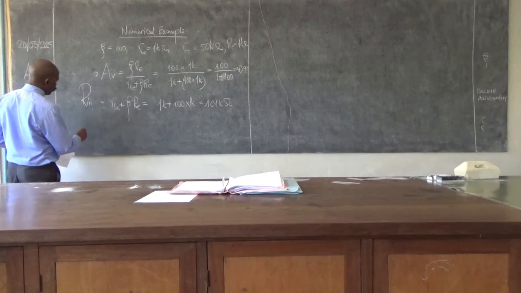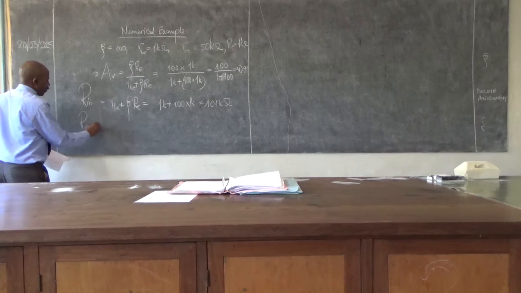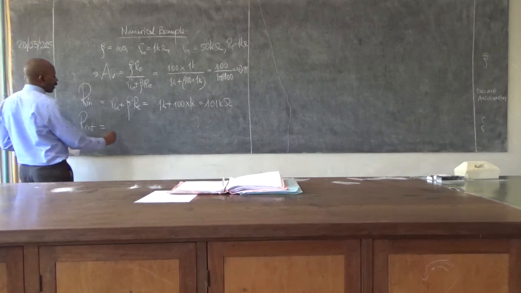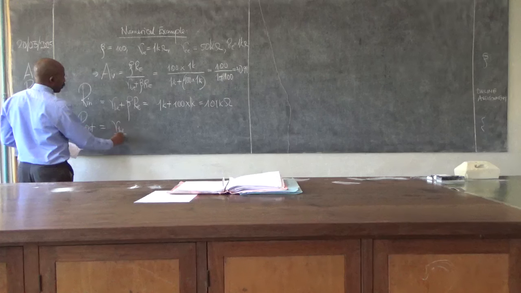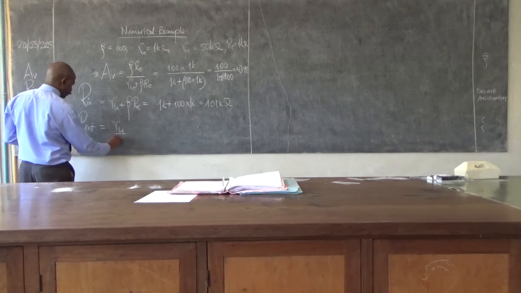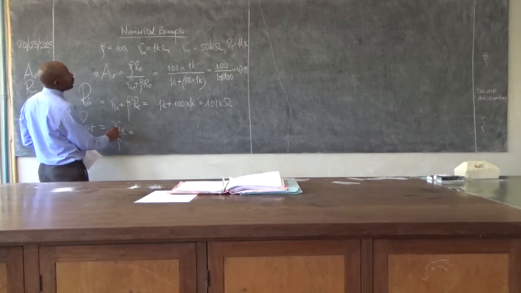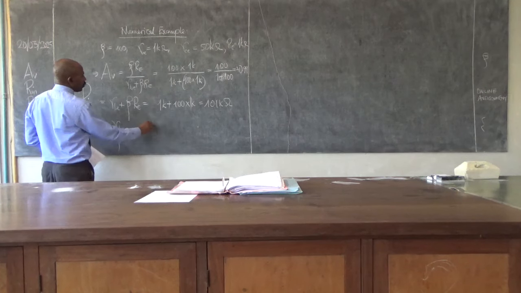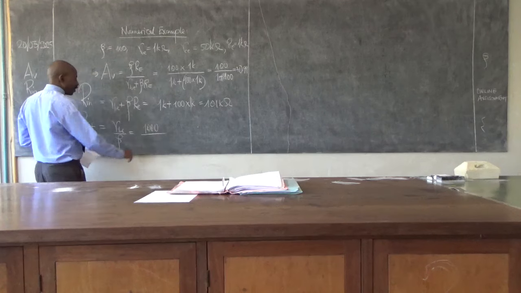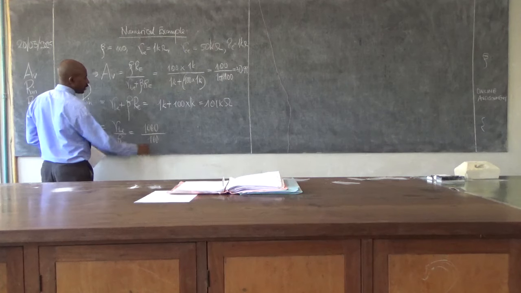Rout is equal to RBE over beta, which would be the same as RBE is 1000 ohms over beta, which is 100.